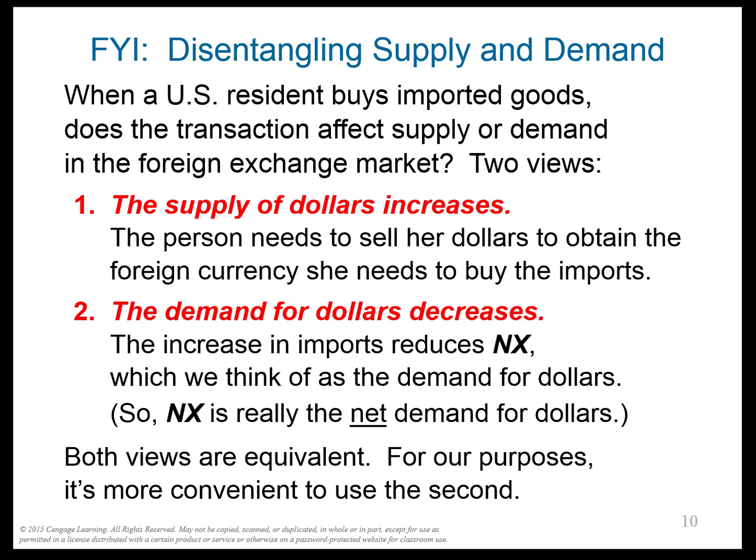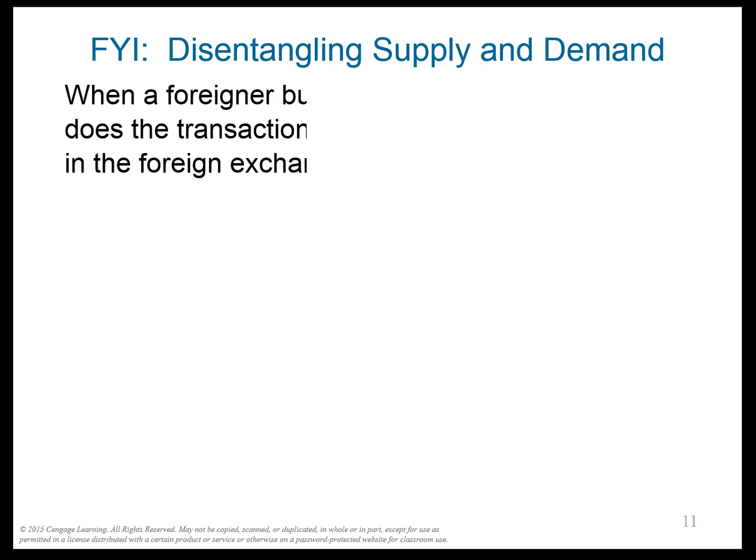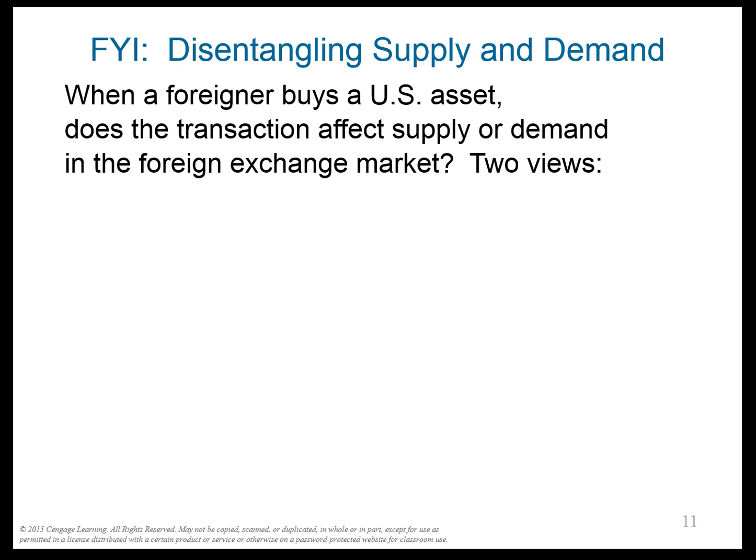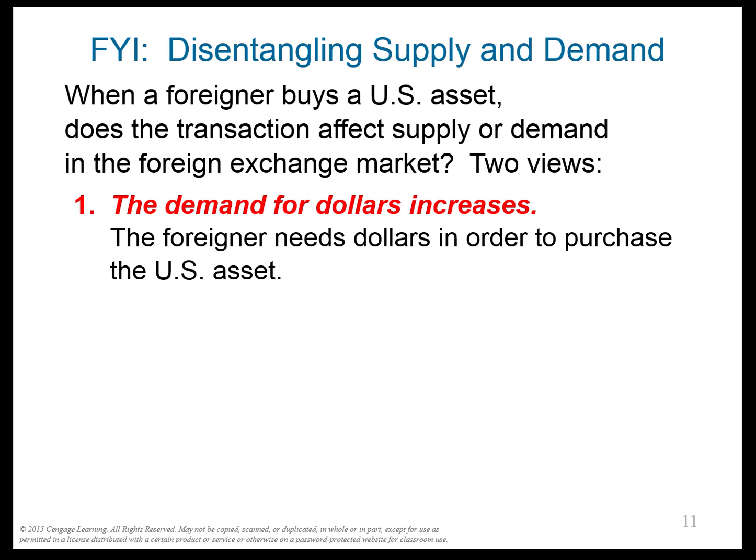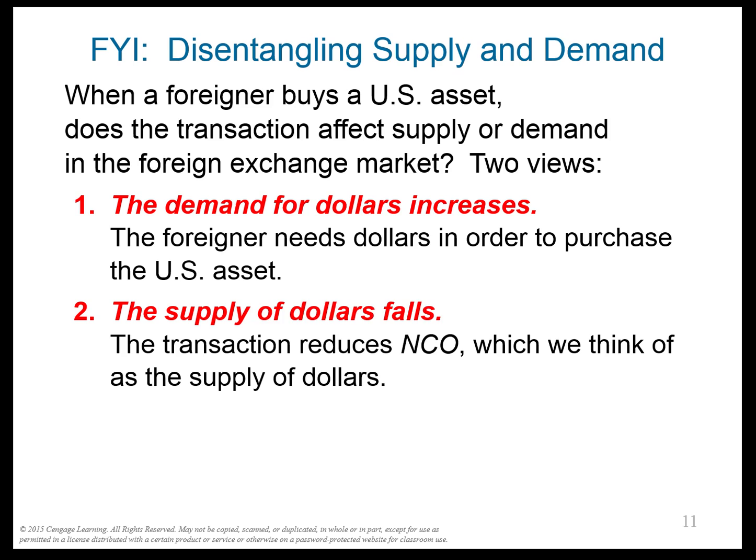Okay, and a very similar question: what happens when a foreigner buys a U.S. asset? This is talking about not the import-export market anymore, but when a foreigner buys stocks and bonds from the United States. What does it do in the foreign exchange market? Well, you can think about it as increasing the demand for dollars because the foreigner needs dollars to purchase the U.S. asset. Or you can think of it as the supply of dollars falling.